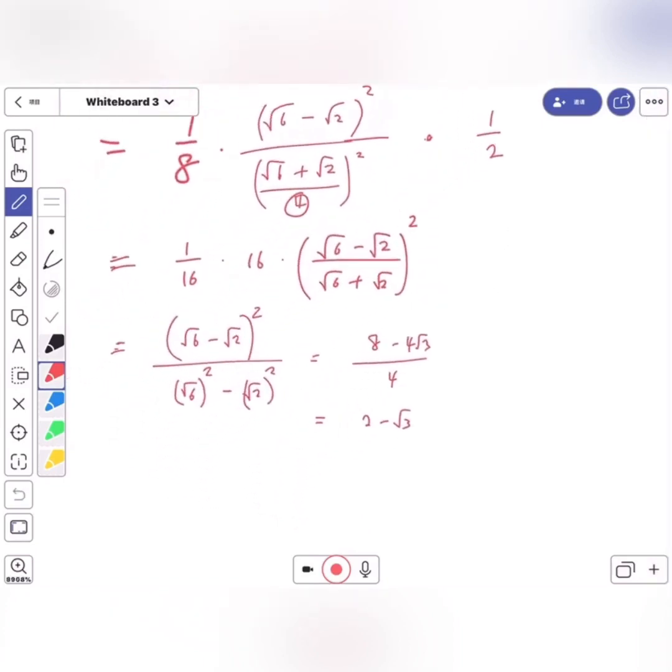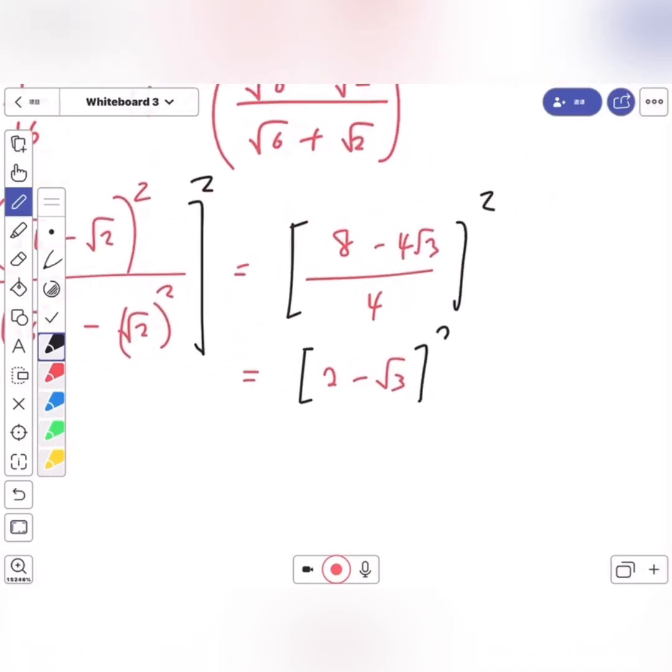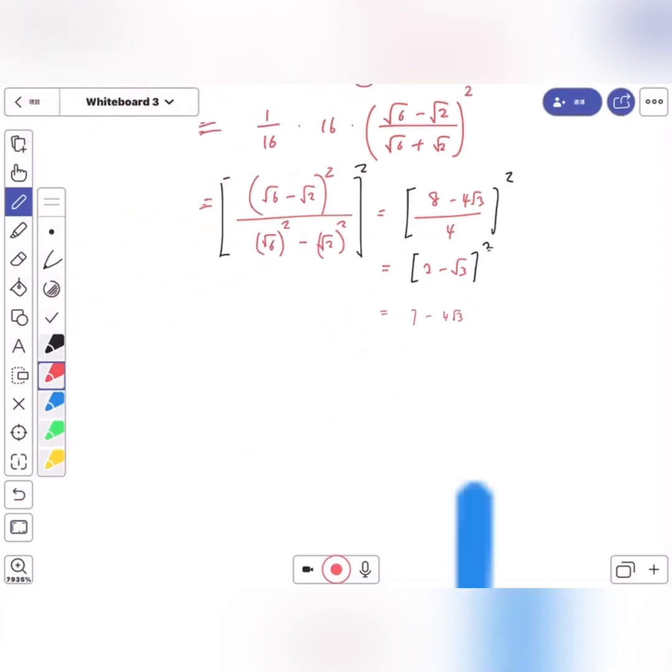Oh, wait, this entire thing squared. And that would simply give you 7 minus 4 times the square root of 3.